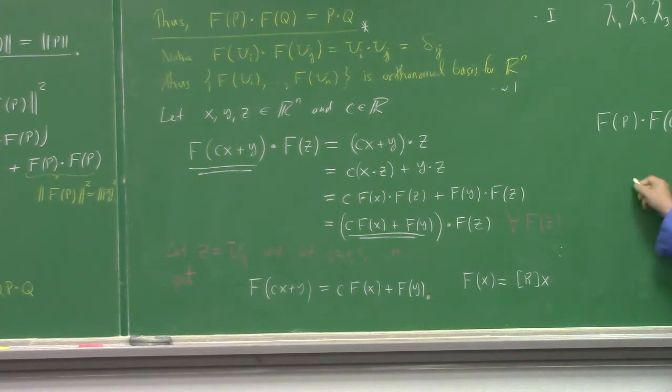And if you let p equal to ui and q equal to uj, this says that, yeah, this is I. Thank you.